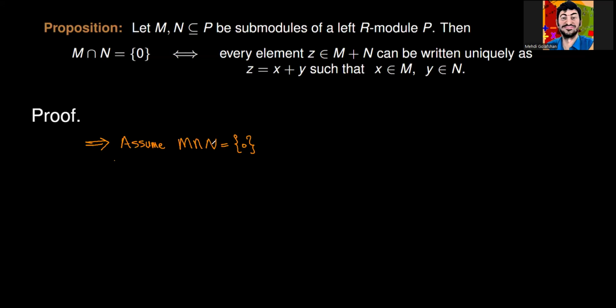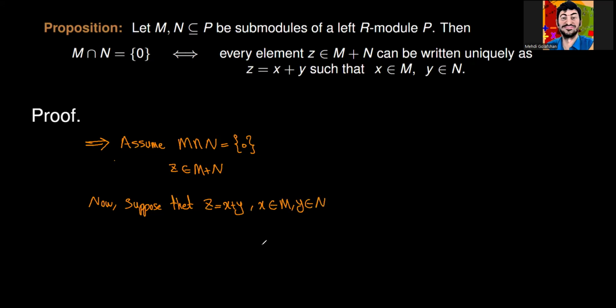Now let's take an element Z belonging to M plus N. We need to show that we can write Z uniquely as a sum of an element in M and an element in N. Now suppose that Z is equal to X plus Y, where X belongs to M and Y belongs to N.